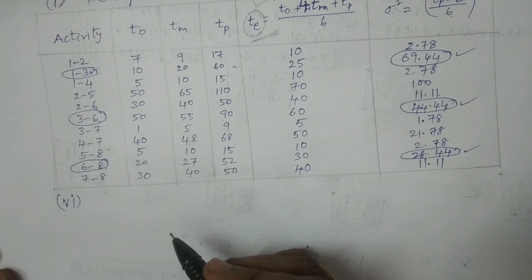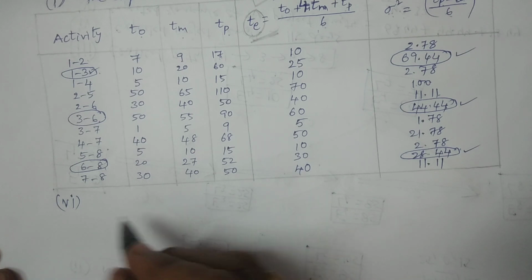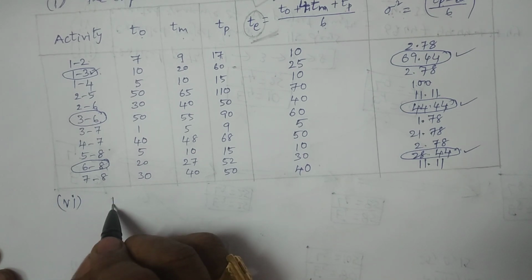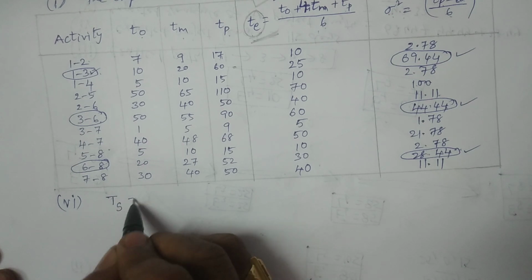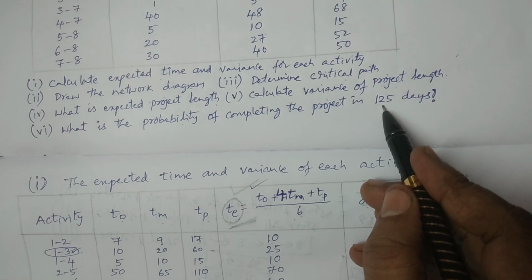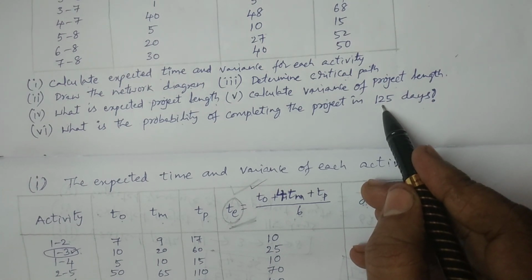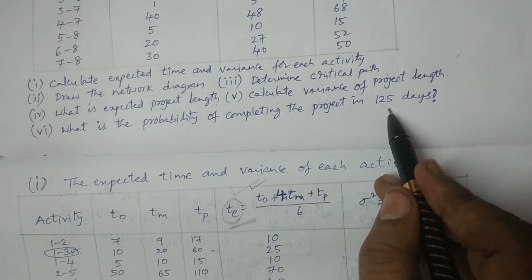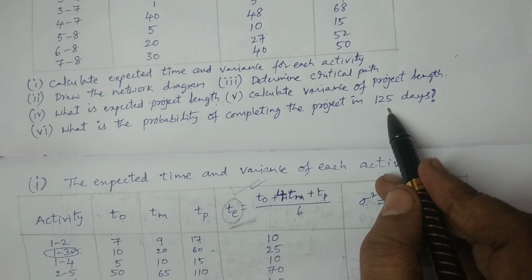Sixth question, in which two particular times are going to be considered. The first is the given value, the number of days specified to complete the project in this question, which is called the scheduled time.